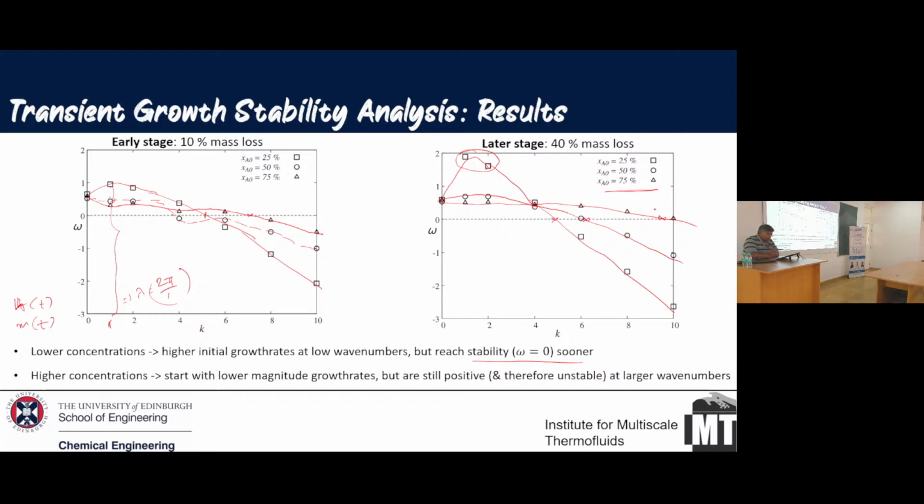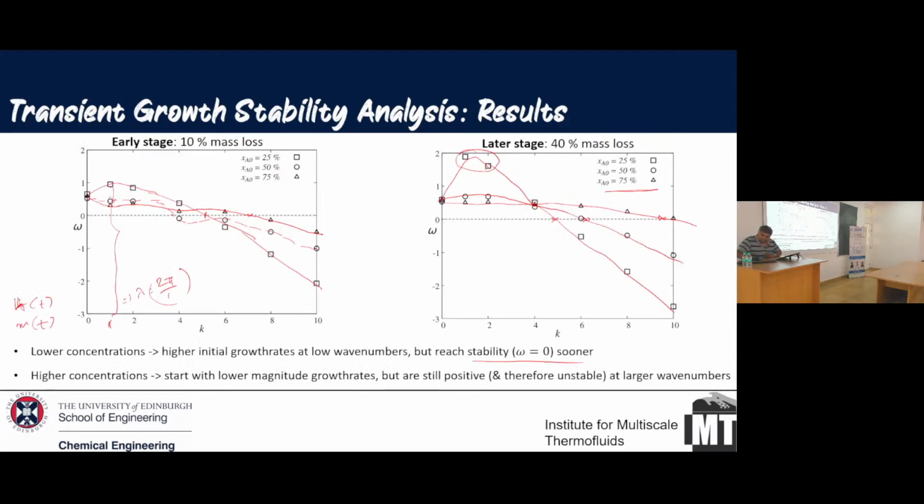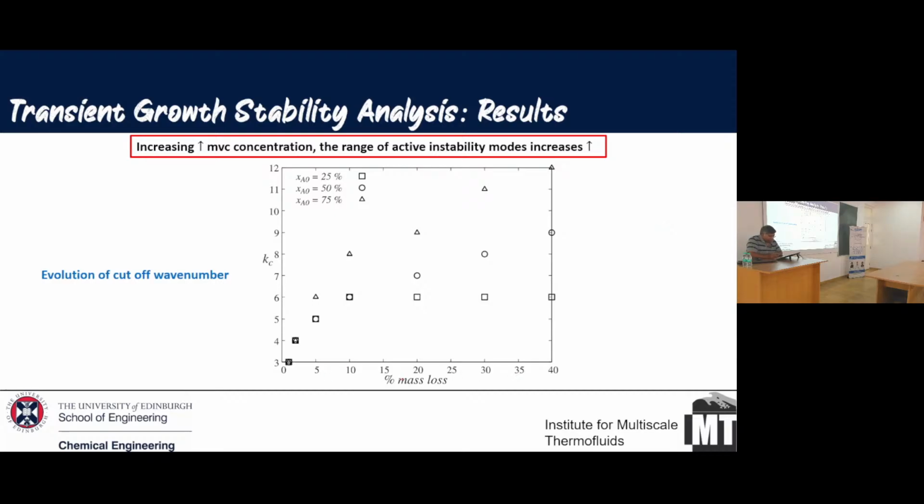Now, there is another thing. If you increase the concentration, you find more modes, but at the same time hardly anything approaches 0, especially at the middle stages of your droplet. So if I plot the cutoff wave number, which is basically these points here, with respect to mass loss, which in a way is time itself, at 0% you start from this point, and you will see that the cutoff wave number keeps increasing as you increase your concentration.